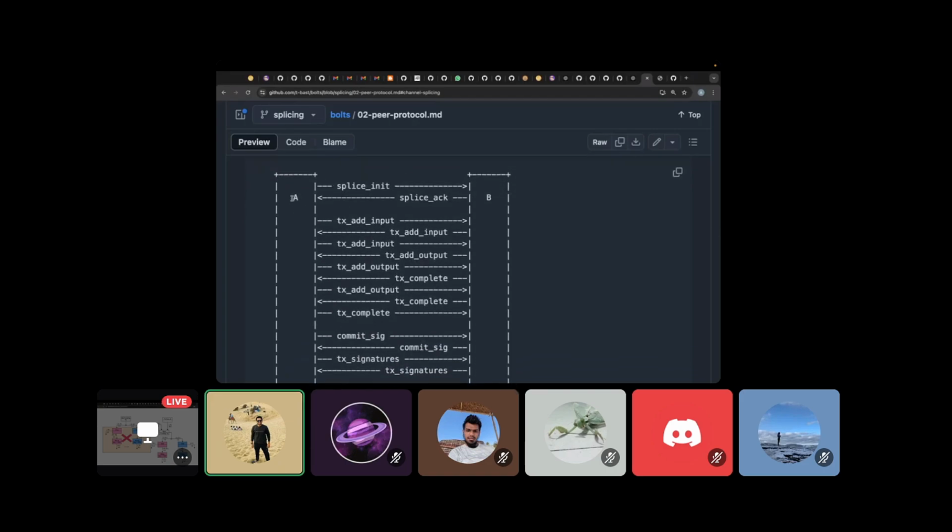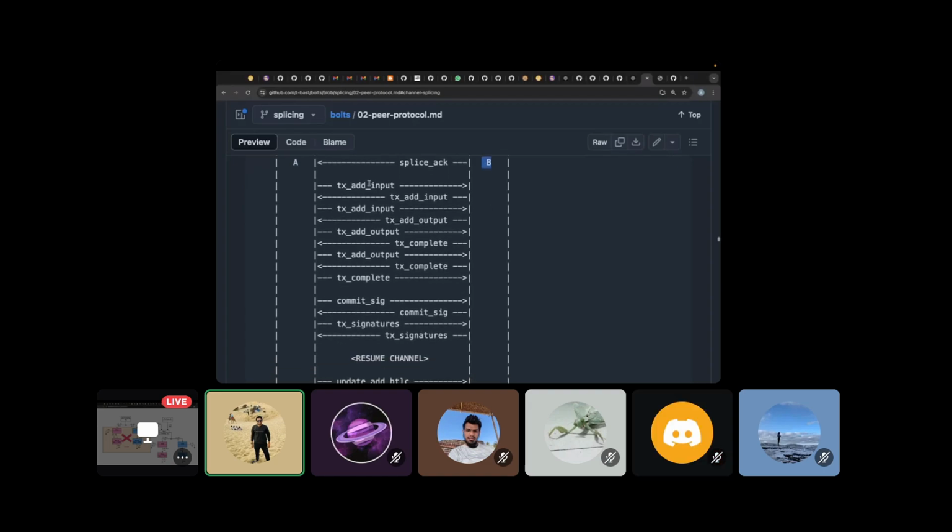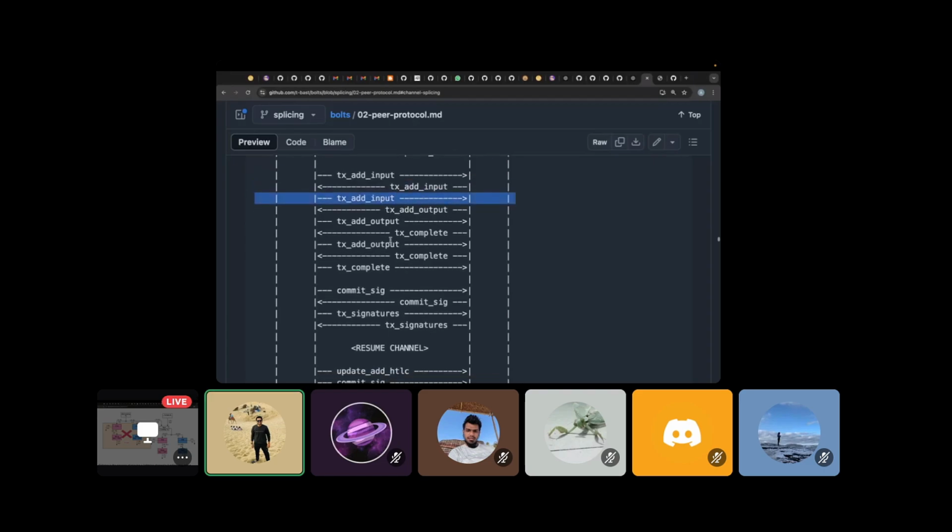As you can see here, node A sends splice_init, B sends splice_ack. So B accepts that, yes, we want to splice our channel. Then they interactively build the funding transaction again. A adds an input, B adds an input, then again A adds an input.